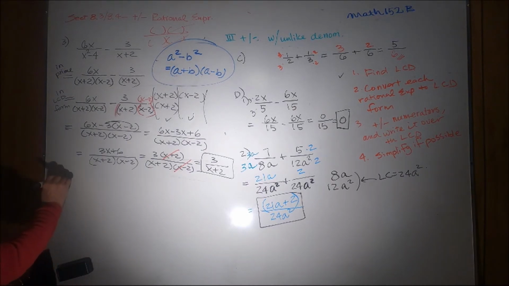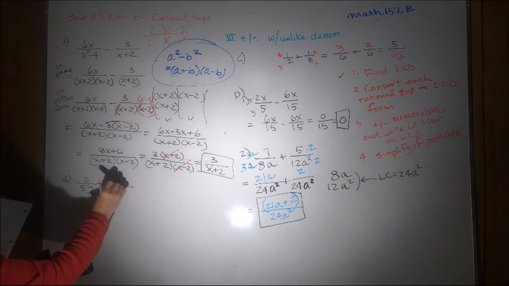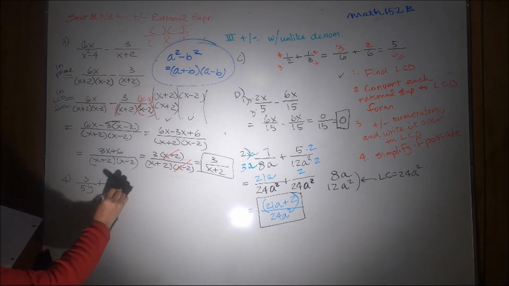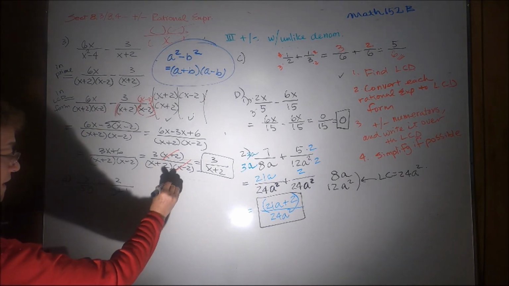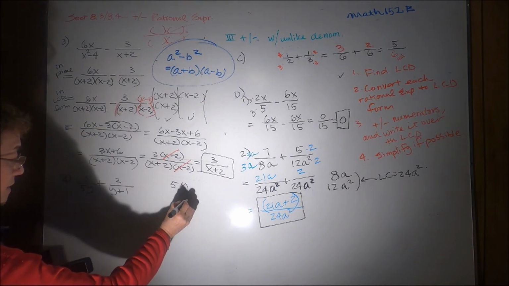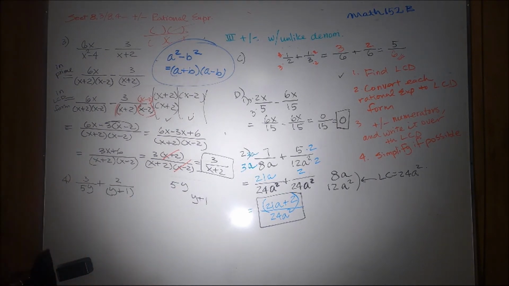Let's look at the next one. 3 over 5y plus 2 over y plus 1. So what's your LCD? 5y and y plus 1. Y plus 1 is what? A prime binomial. Put the parentheses around it.